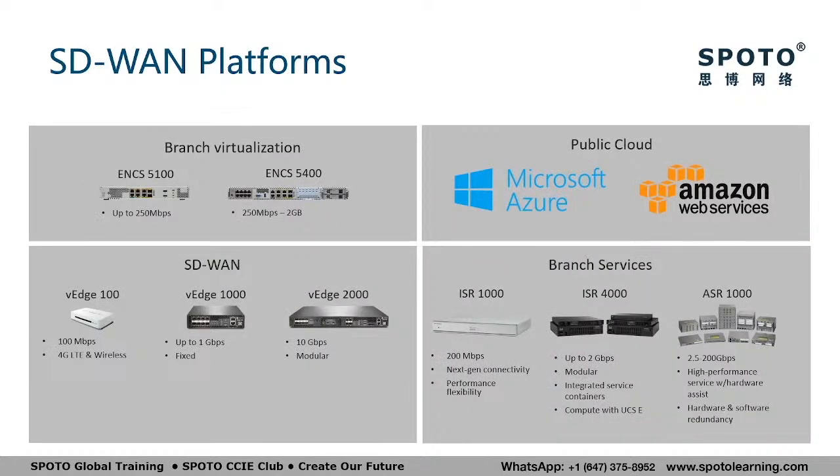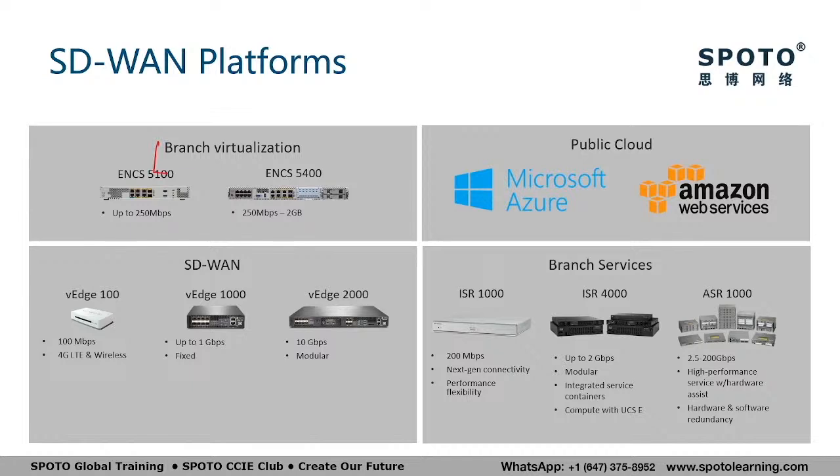When deploying SD-WAN platforms at branches and remote locations, it is not always one-size-fits-all, especially when it comes to the cloud. Depending on your needs and use case, you will determine which type of platform you need at your remote location. Regardless of the platform, they all work together seamlessly and can be managed through a single user interface. Like over here, there are 4 types of platforms you can use.